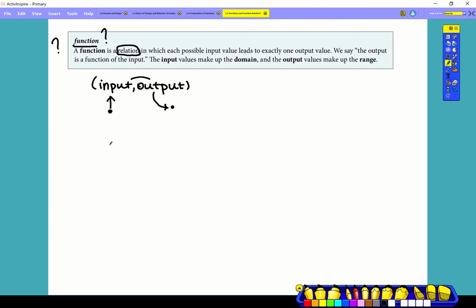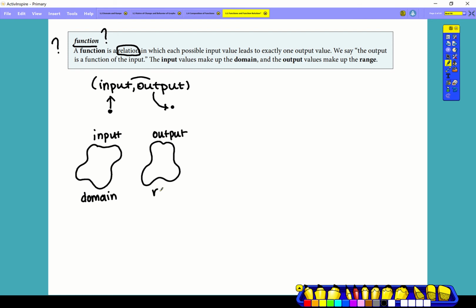Now, we're going to look at some examples. Let's say that we have this blob, and these blobs usually represent chunks of numbers. And then this blob. We'll call this our inputs, also called our domain. And we'll call this one our outputs, also called our range.